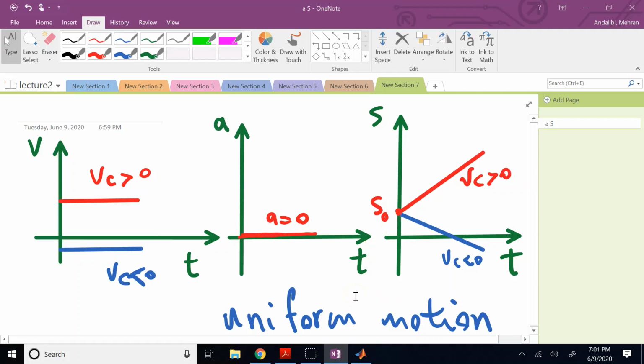Where in real life would you see uniform motion? Well, it's not so common, because you have to keep the acceleration zero, which means the sum of the forces is zero. So you have to always keep the object in balance, at equilibrium. So it's basically not easy, but let's say an object, a space shuttle, is in space moving far away from the effect of gravity of any planet.